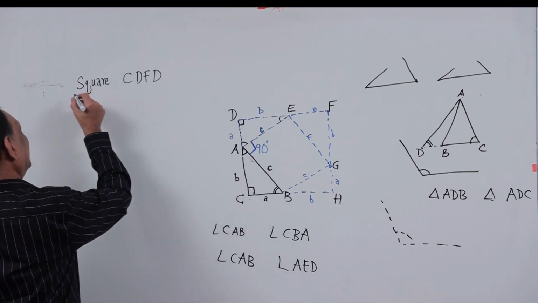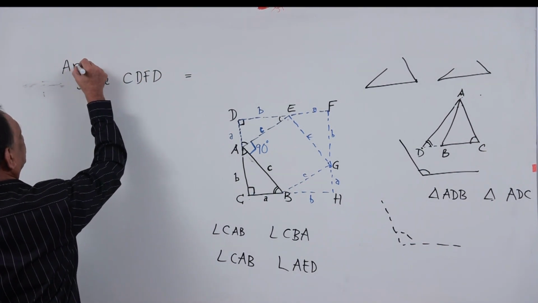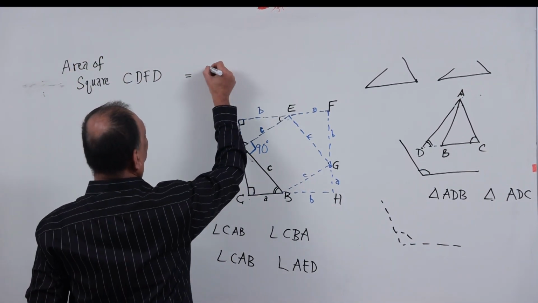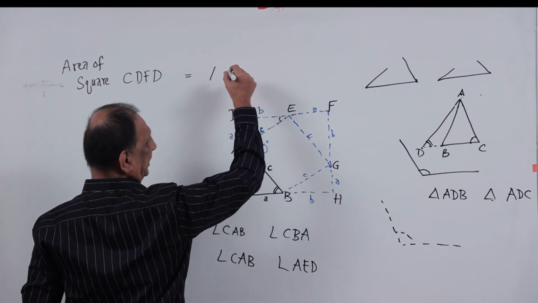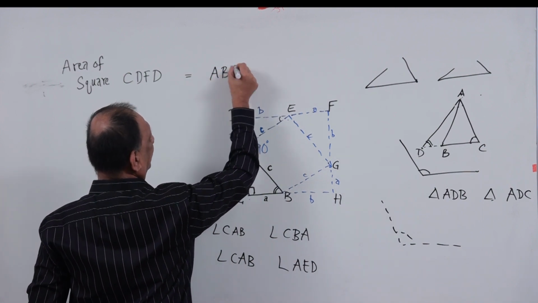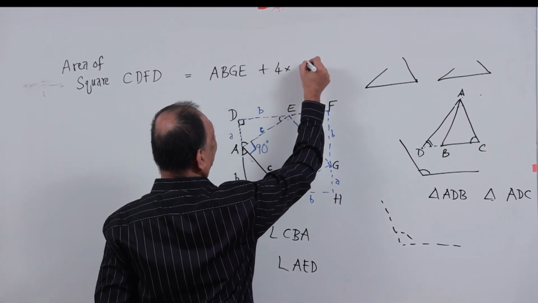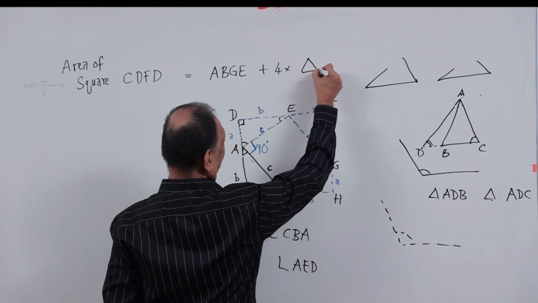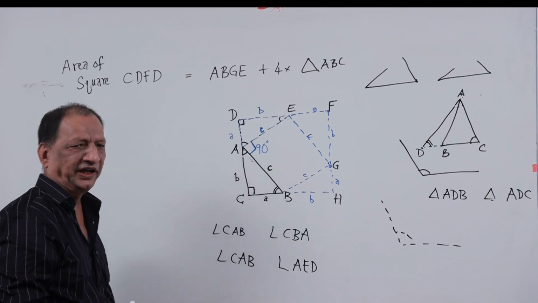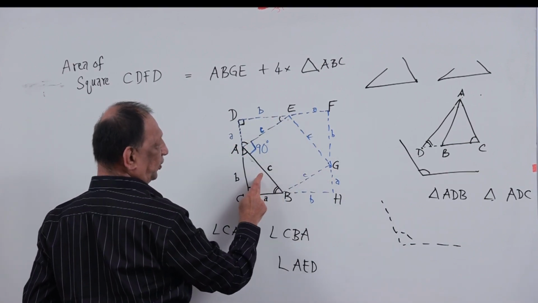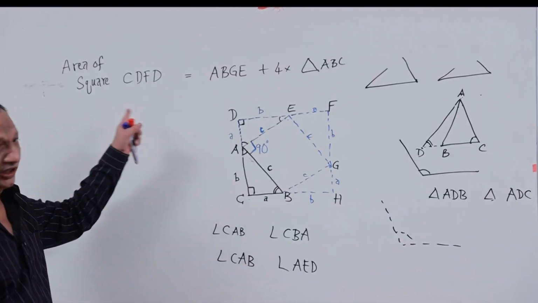One way is: area of that is equal to area of square ABGE plus 4 times area of triangle ABC, because the 4 congruent triangles all have equal area. So add the areas of the 4 triangles to the area of the inner square, I get the area of the outer square. So that is one way of computing.